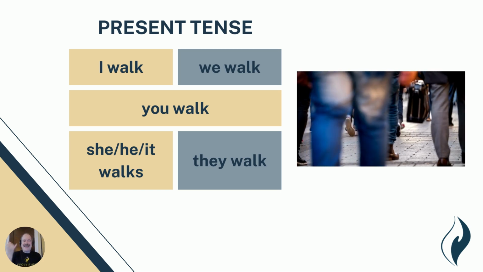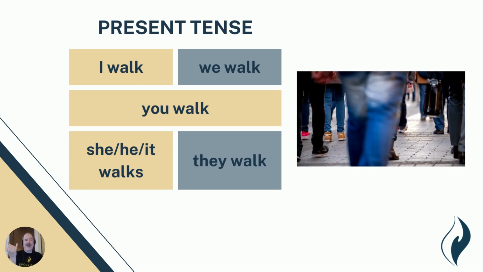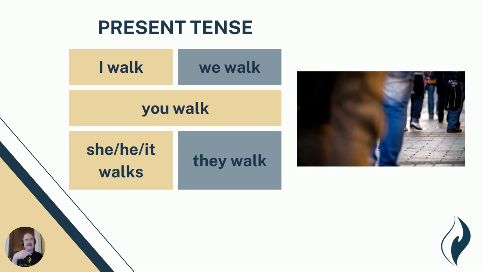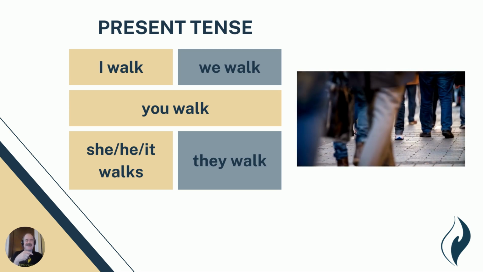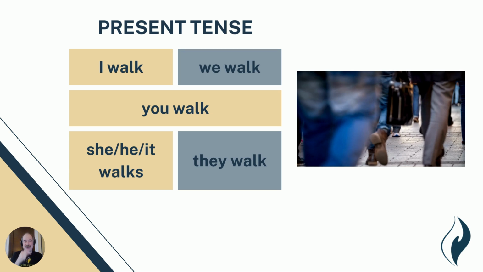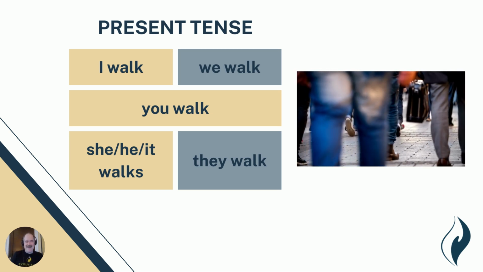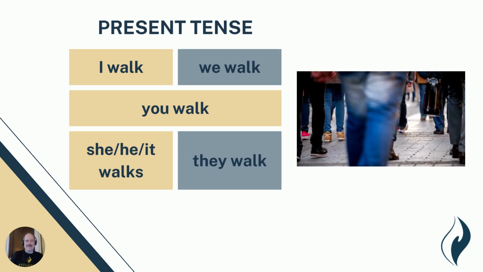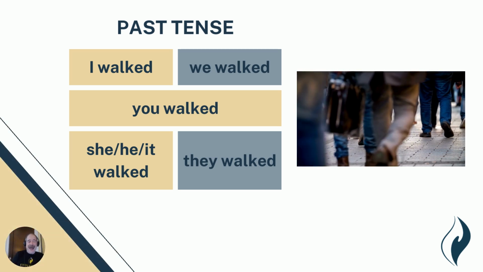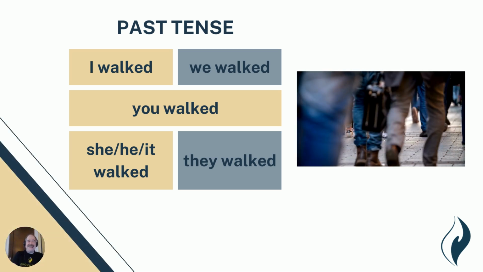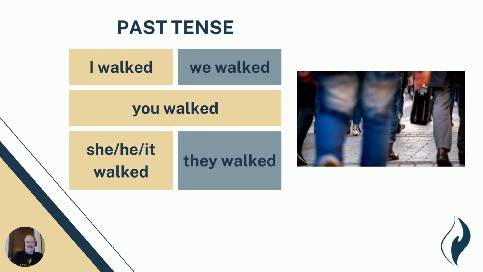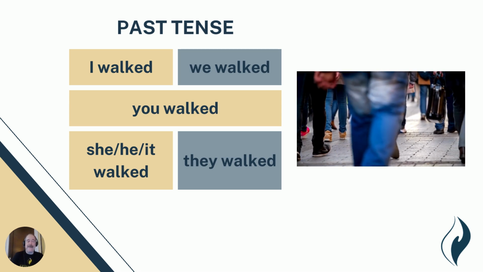So we just take the root verb walk, and for she, he, or it, or words that can replace those, something that we call third person singular, you just add an S. Simple. And for past tense, we just add ed to all of the forms. This should look pretty familiar.